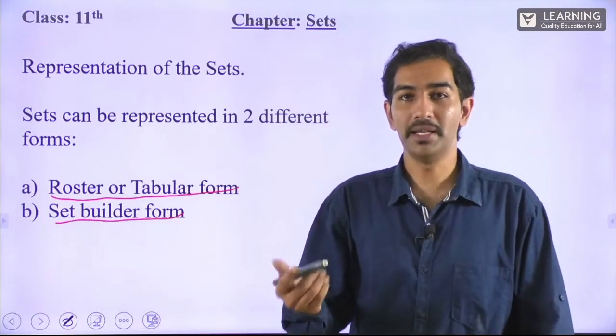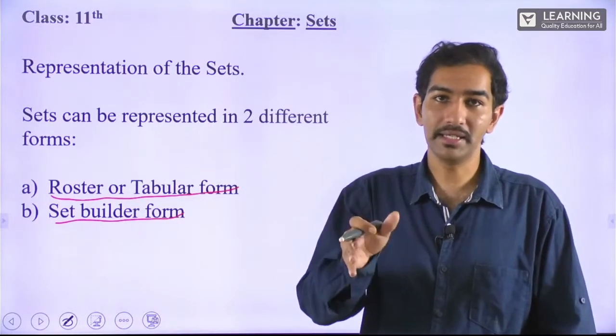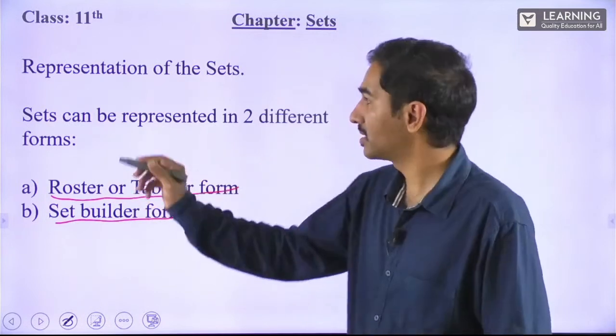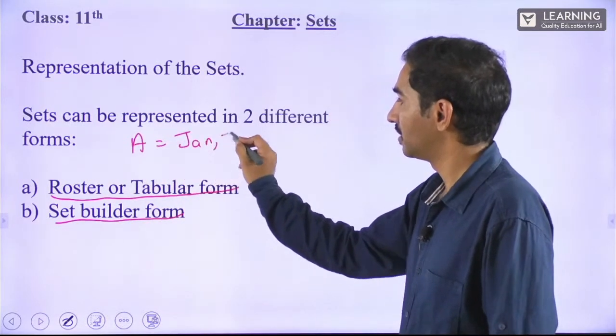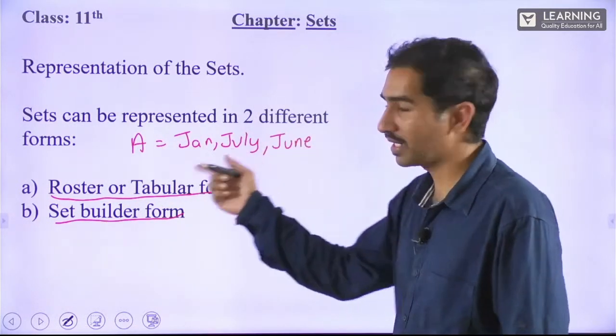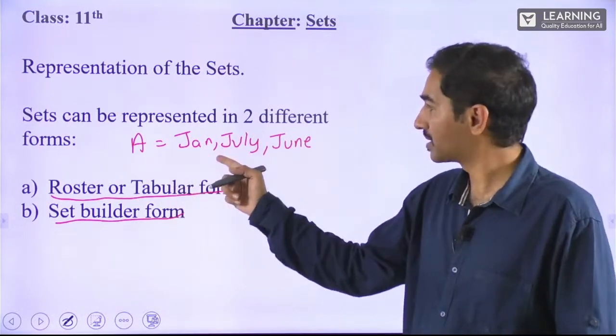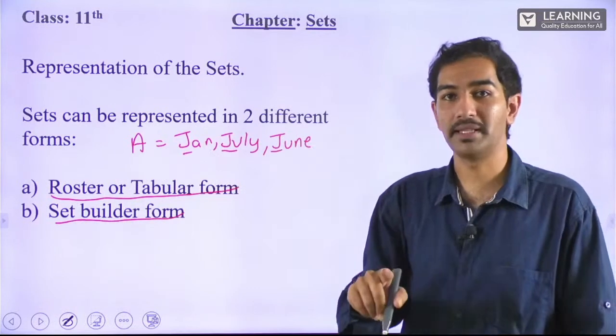For example, months in a year starting with the letter J. How do you write this? It should not be written like this: A is equal to January, July and June. This is correct in content, these are the months in a year starting with the letter J. But always remember one thing.